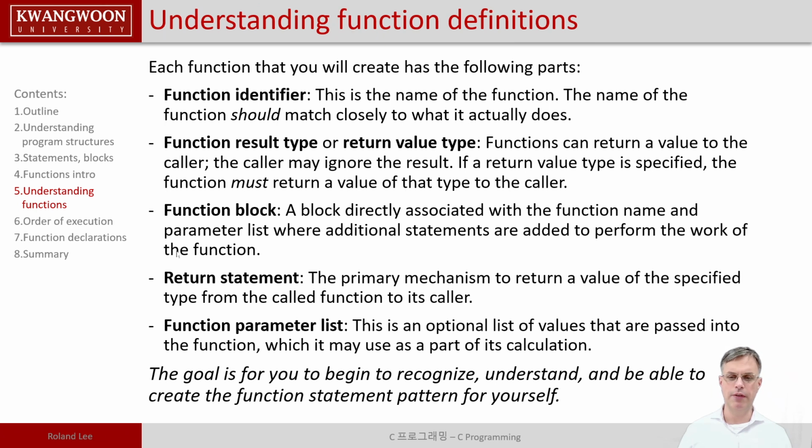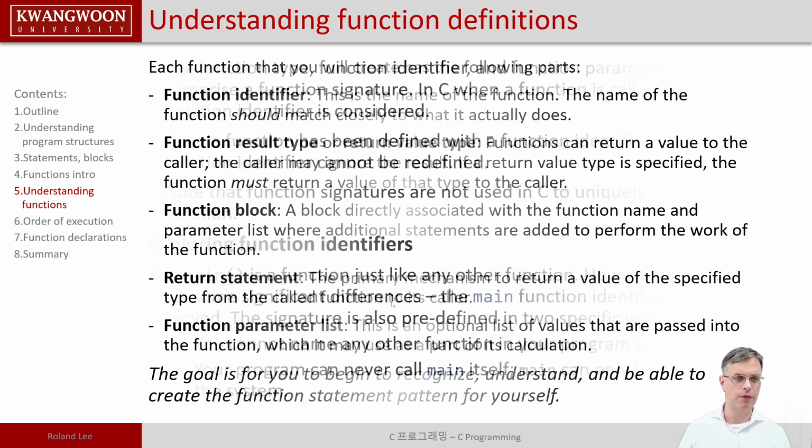Function parameter list is an optional list of values that are passed into the function which it may use as a part of its calculation. Now the goal is for you to begin to recognize, understand, and be able to create a function statement pattern for yourself. We will use an absolute minimum C program with main as our example function and highlight each essential part afterwards.